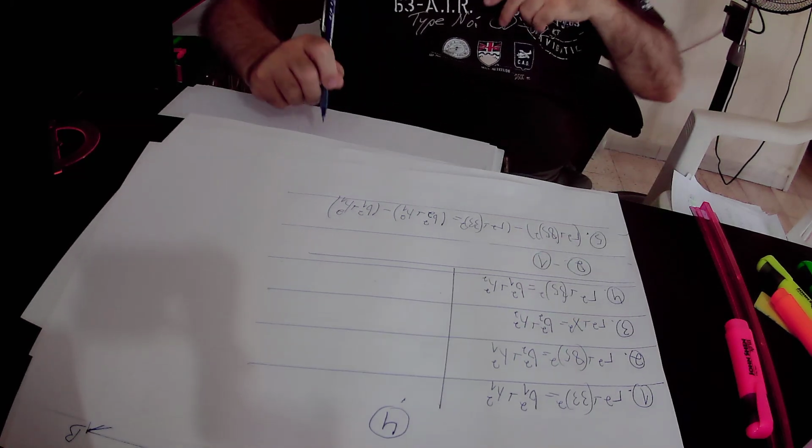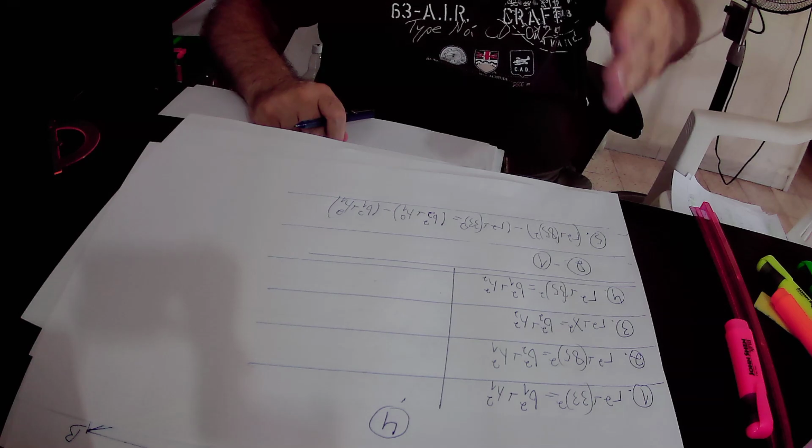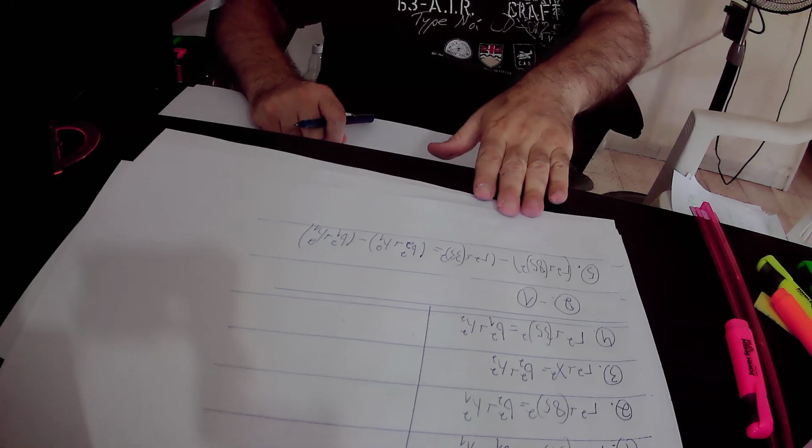Okay, so we subtracted equation number 1 from equation number 2, and created equation number 5.